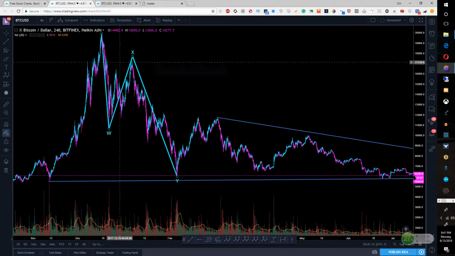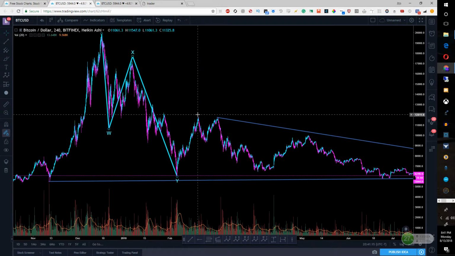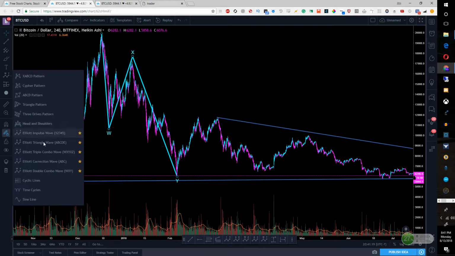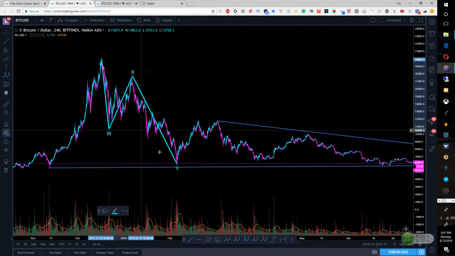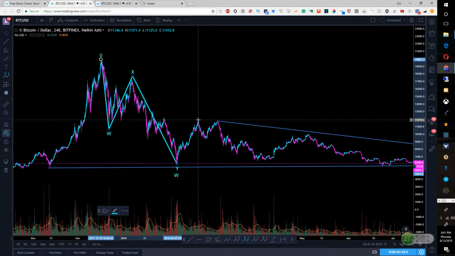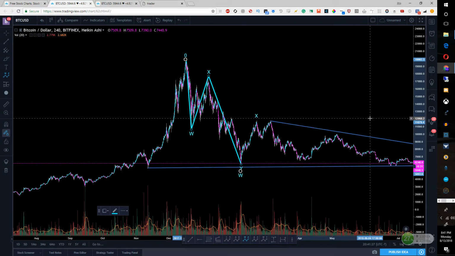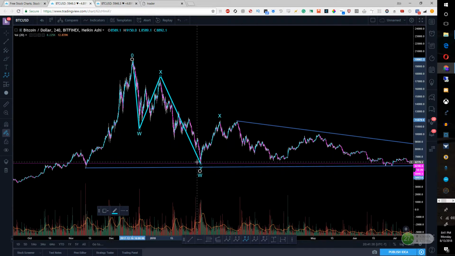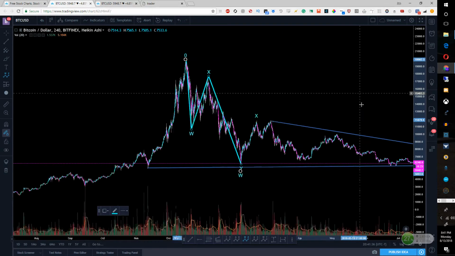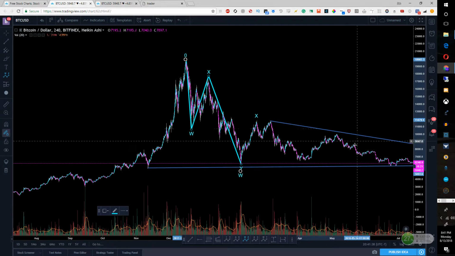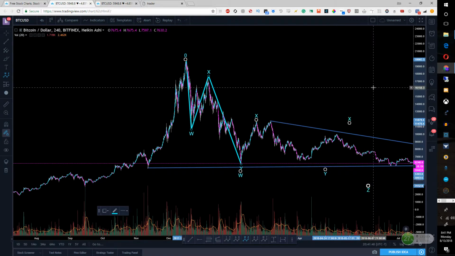And then going on from here, I see this structure, which I believe to be an alternation structure. I'm going to be saying structure a lot throughout this video. It's just a tendency I have. But yeah, that's the alternation wave in there. So that would be either WXY or ABC. It really does not matter because they're both the same thing in counting.